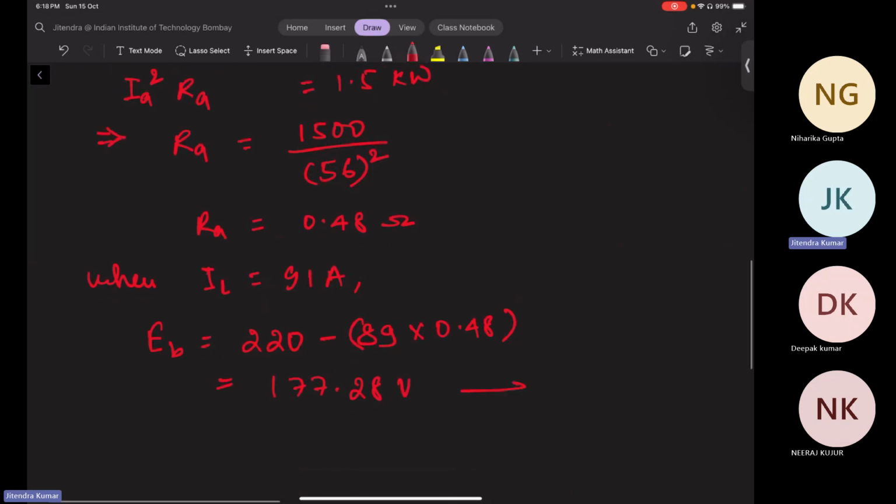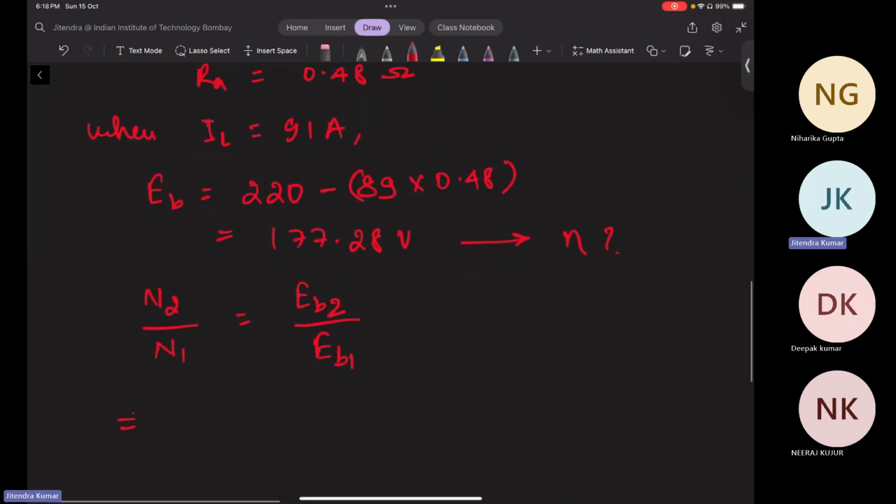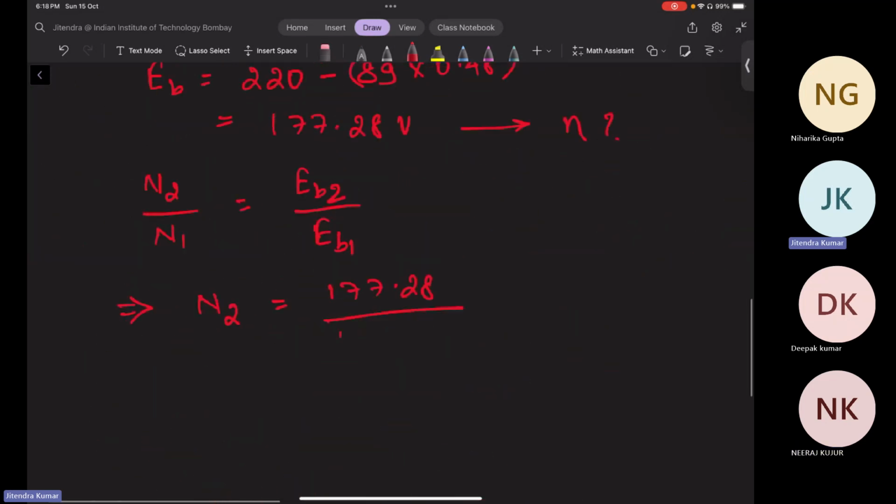So now we have to find out the speed at this back EMF. So we will take the ratio, right? N2 by N1 is equal to EB2 by EB1. So N2 will be equal to EB2, 177.28, divided by EB1, 193.12, into 1100 RPM.